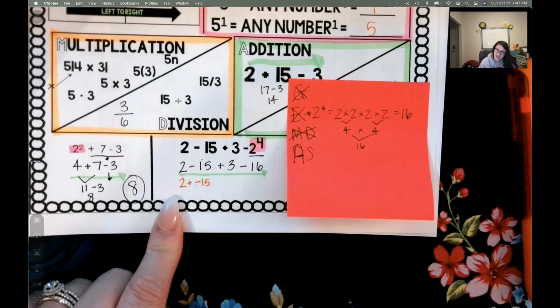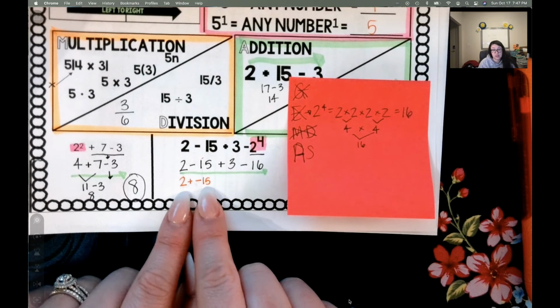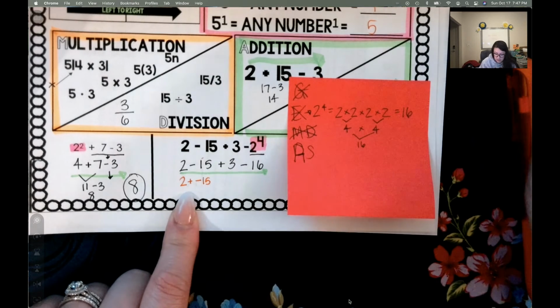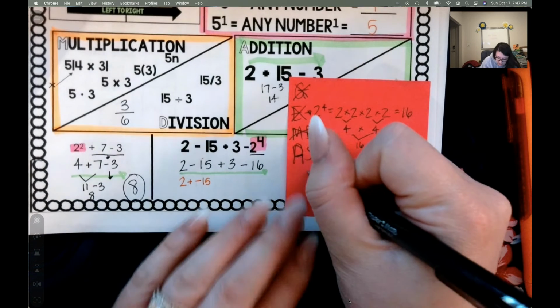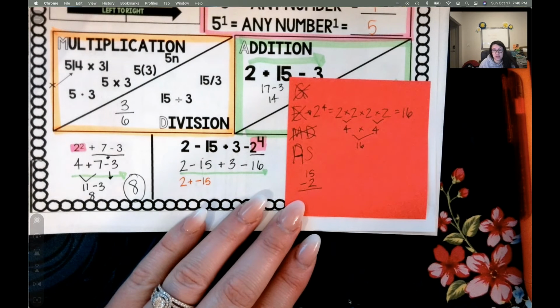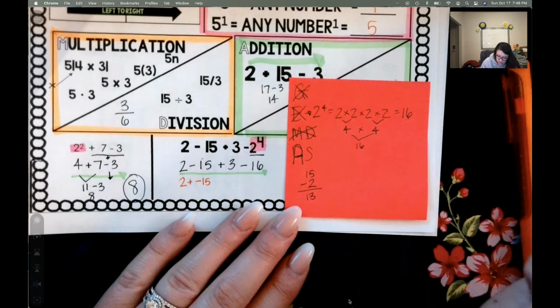Same sign, add, different sign, subtract. Are these numbers the same or different signs? They're different. One's positive, one's negative. Different signs, subtract. So now I have to do 15 minus 2. What's 15 minus 2? 13.